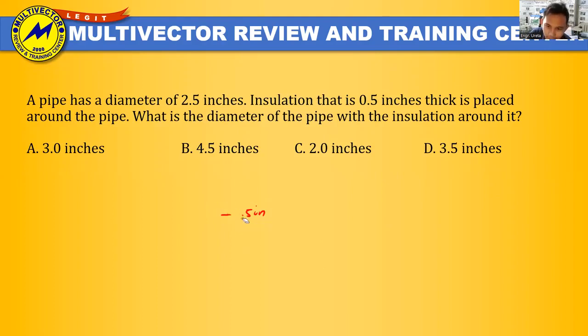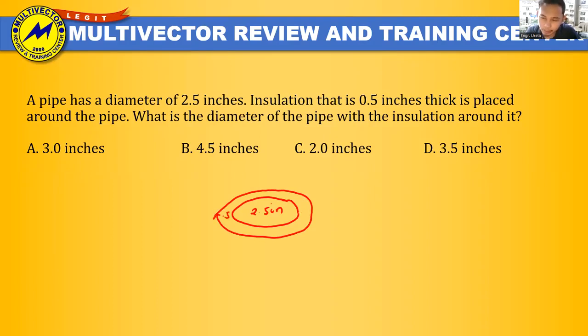So drawing ko lang siya na mas maganda. Madali lang naman siya. Okay, so yung thickness daw ng insulation is 0.5. Siyempre, ganun din sa kabila. Kaya pag kinuha nyo yung total diameter, including yung insulation natin.